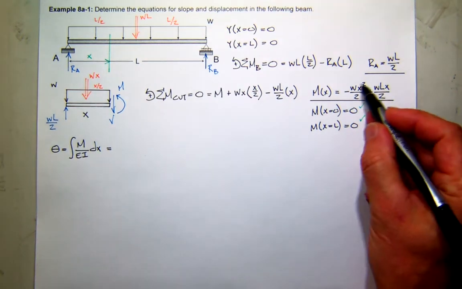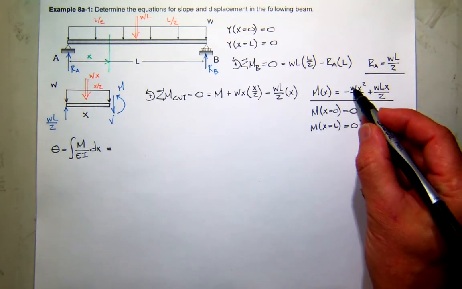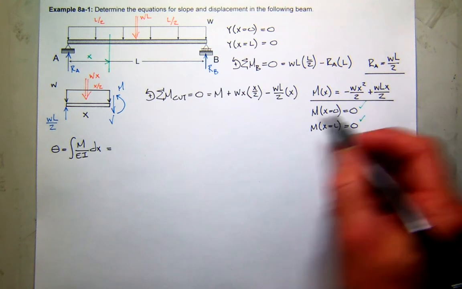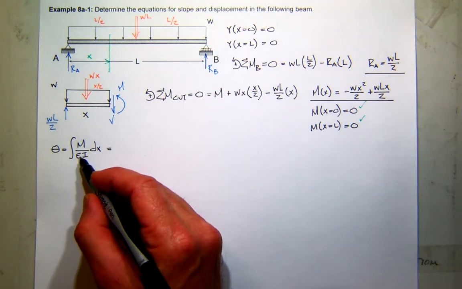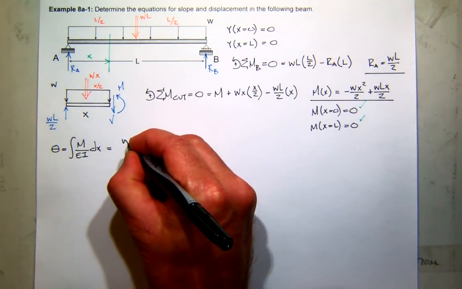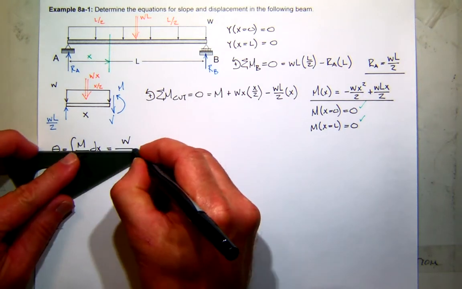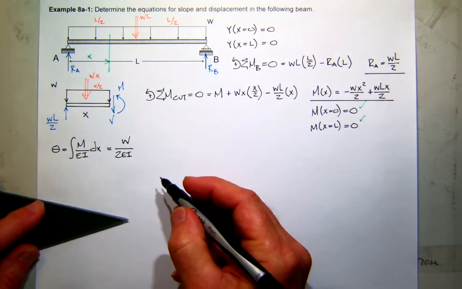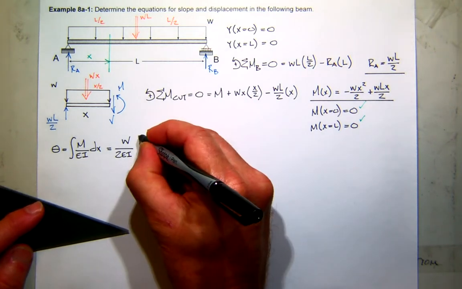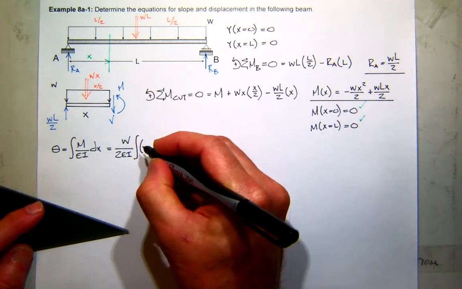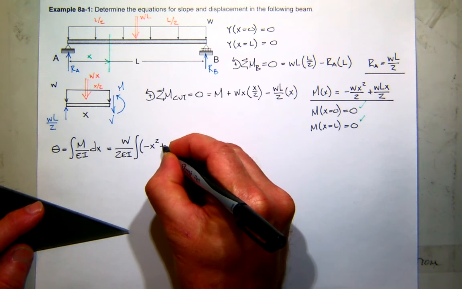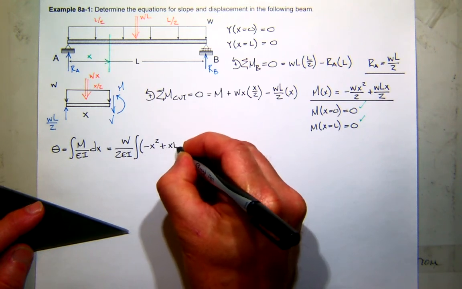Well, our moment equation over here looks like it's got a W and a 2 as a constant. I can factor that out. And we're going to assume my EI is constant. So I'm going to end up with W over 2EI as a common factor. And then I'll have the integral of minus x squared plus xL.